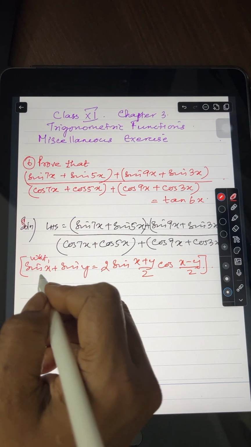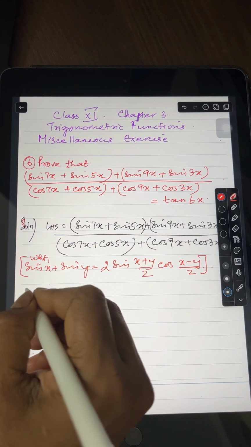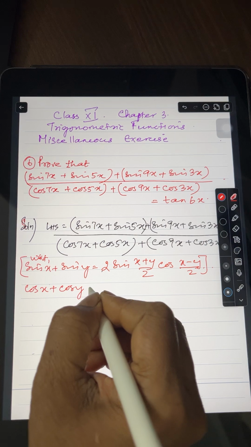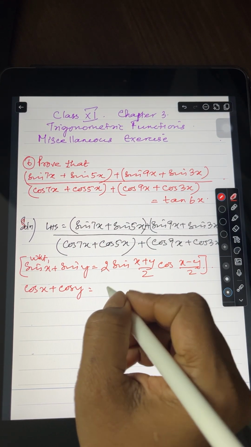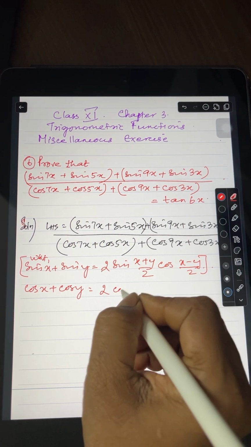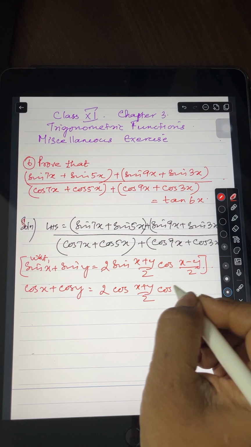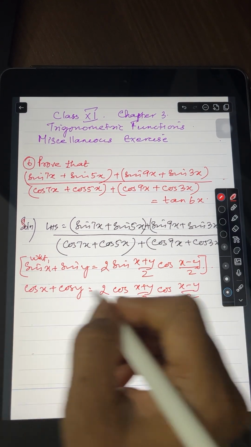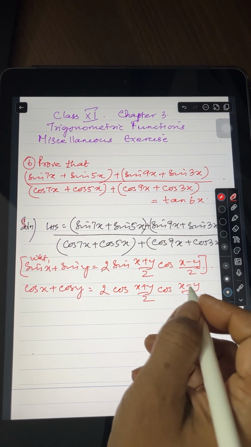This is a formula, so we can use this formula here. Then there is another formula for cos x plus cos y. What is the formula for cos x plus cos y? It is 2 cos (x plus y by 2) cos (x minus y by 2).